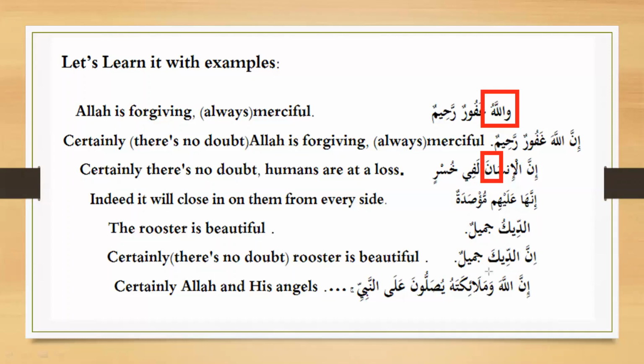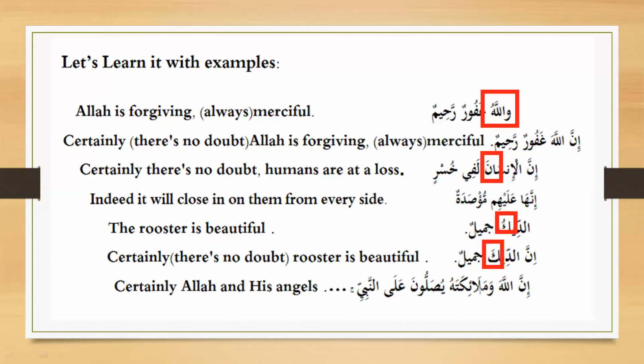So with inna there is an emphasis, and in translation there is an emphasis. And when we see the Arab, initially it was addiku, rafa in status, and now it's nasb. As soon as inna comes, the ism becomes nasb in status.